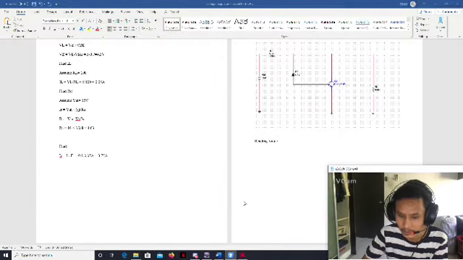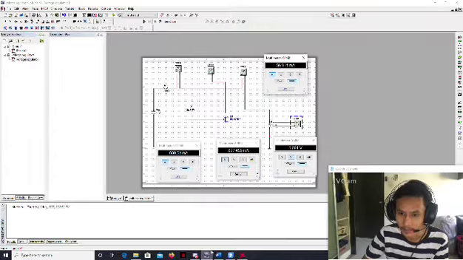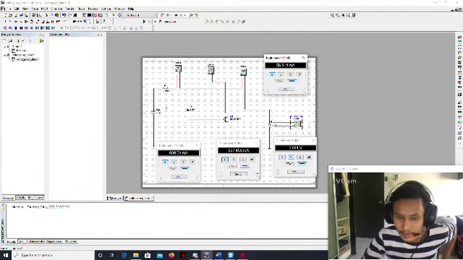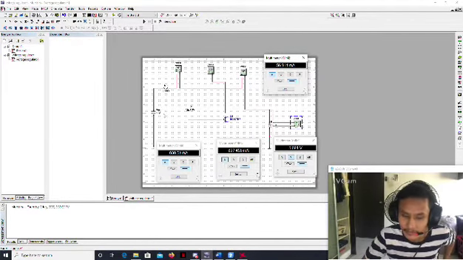Next I will show the simulation of the circuit. This is the basic shunt voltage regulator circuit. I'm using 10 volt for the source. This is RS, this is the Zener diode, this is the transistor, this is RL.